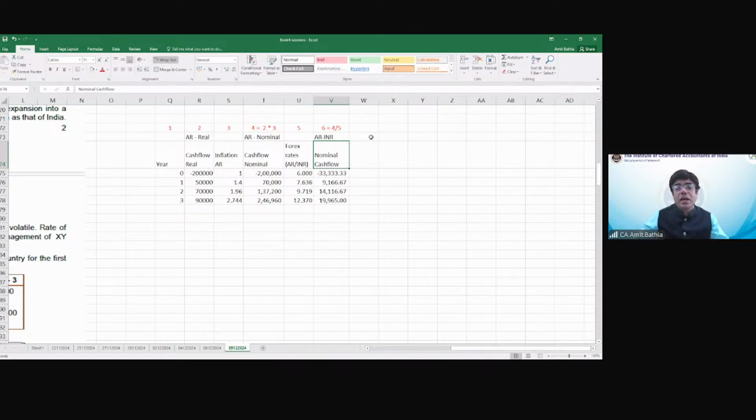I now need the INR nominal cash flow, but what is provided to me is the INR real cash flow. So how do I convert that?